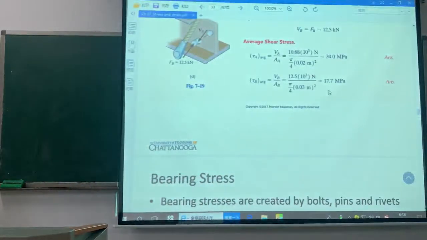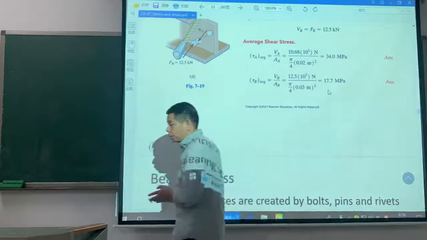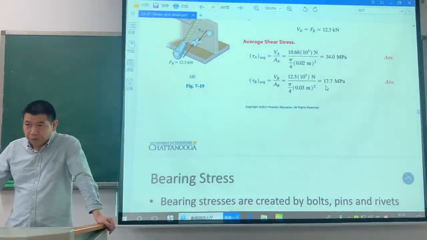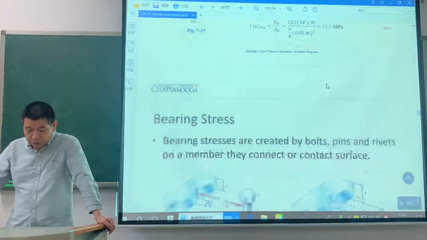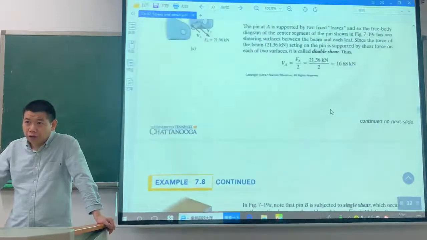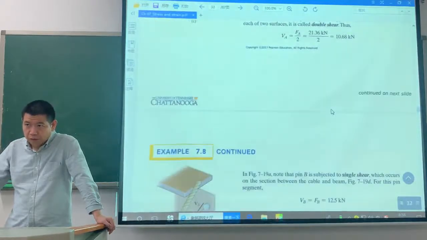In the previous lecture, I introduced how to find the shear stress. Shear stress, tau. What is this one? T or tau? Does this look like T?